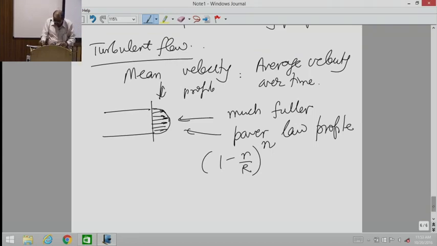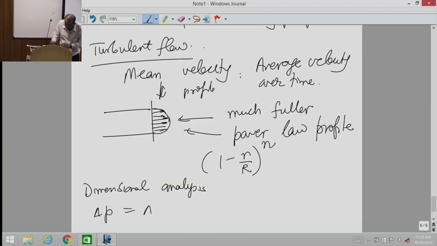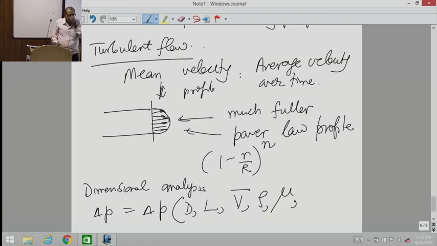So now what we do is we do a dimensional analysis and we say delta P, the pressure drop in a pipe, is a function of diameter, length, V bar, rho, and viscosity. These all we will expect.